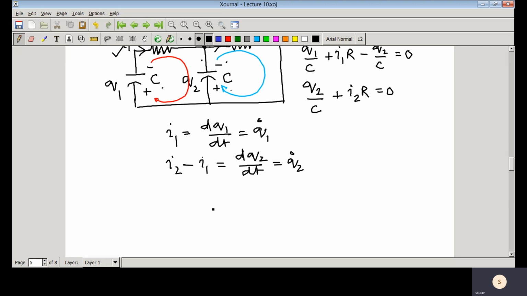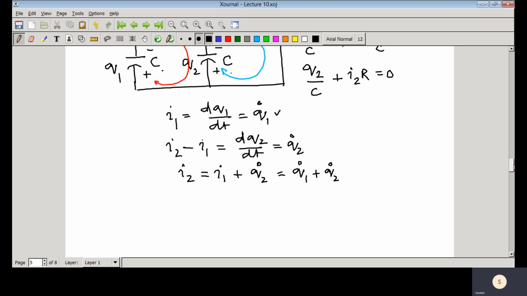So then you can write I2 equal to I1 plus q2 dot. So I1 equal to q1 dot, so if you replace it here, you will get q1 dot plus q2 dot. So those relationships we can have from this particular circuit.